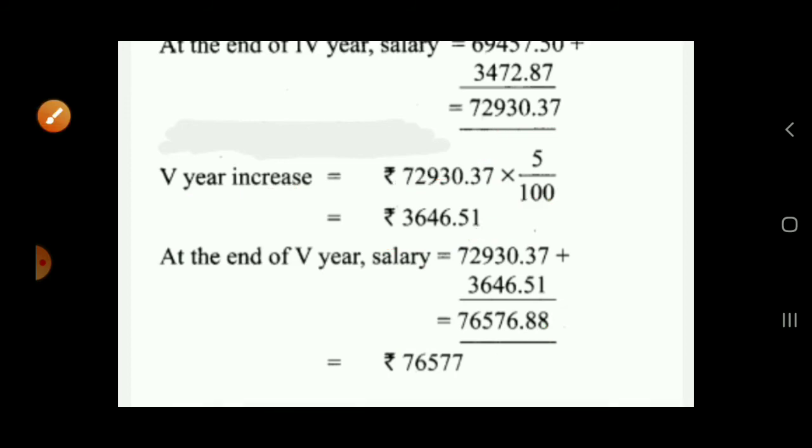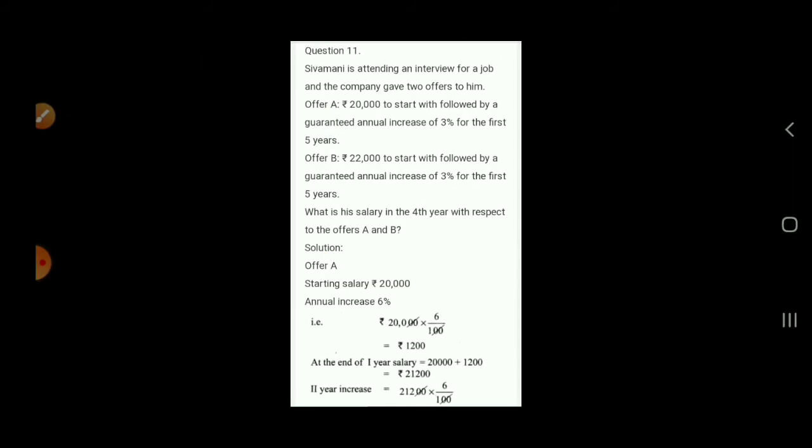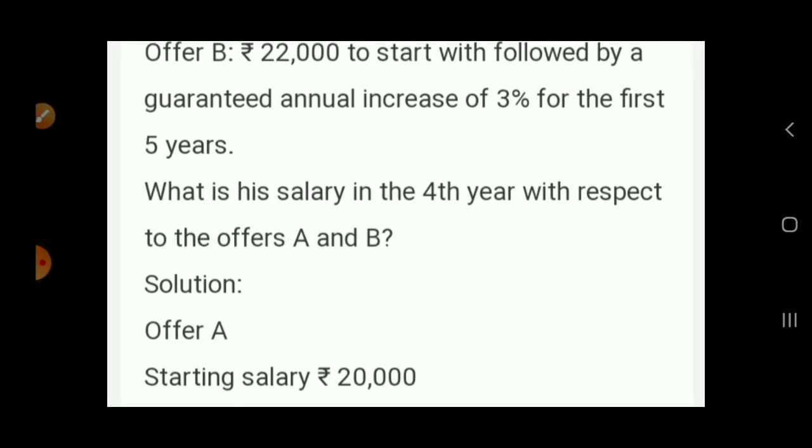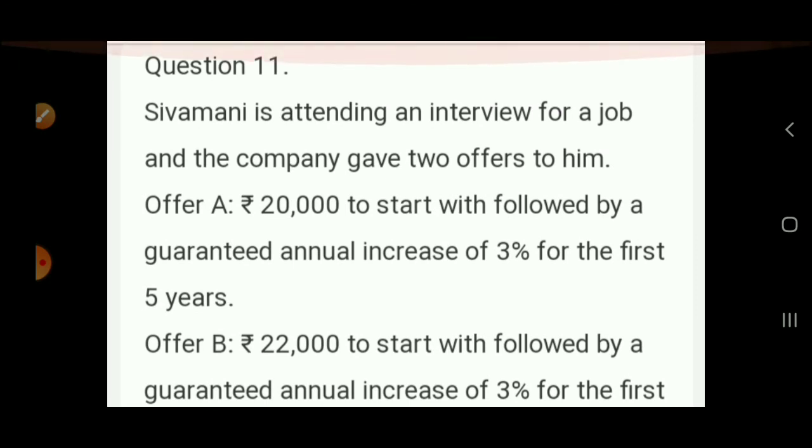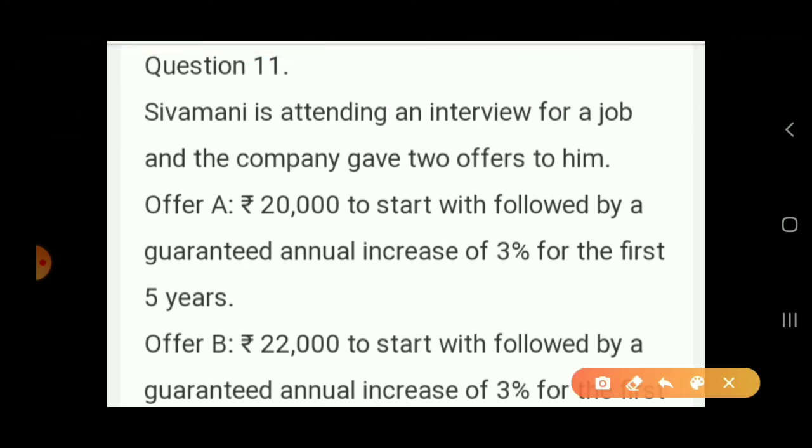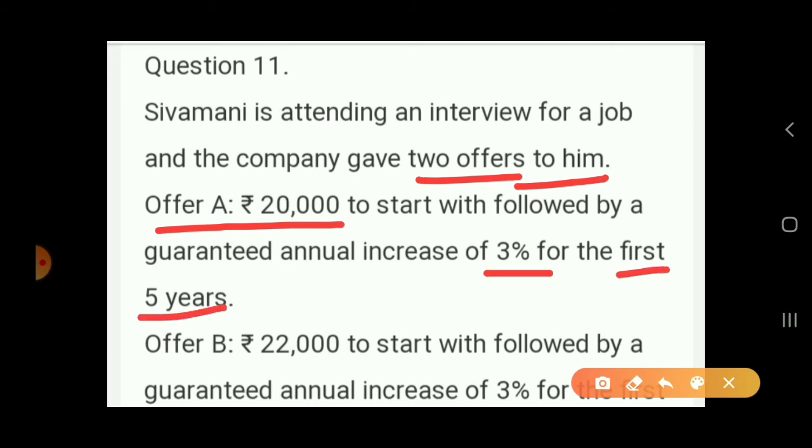Likewise, you can find the continuing values. The next one, see question number 11. Sivamani is attending an interview for a job and the company gave him two offers. Offer A: 20,000 to start with, followed by guaranteed annual increases of 3% for the first 5 years.